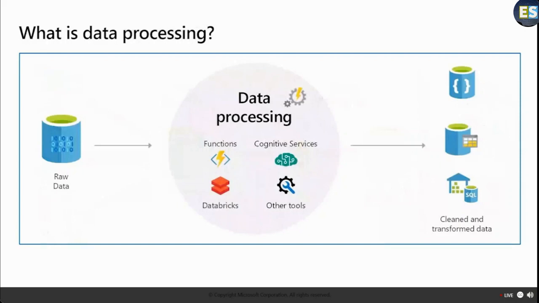In the data processing stage, we could also generate predictive and analytical models from the data. Data processing can be quite complex, and it might involve automating a lot of scripts. You might have to use tools like Azure Databricks, Azure Functions, and Azure Cognitive Services to examine and reformat the data and generate those models.